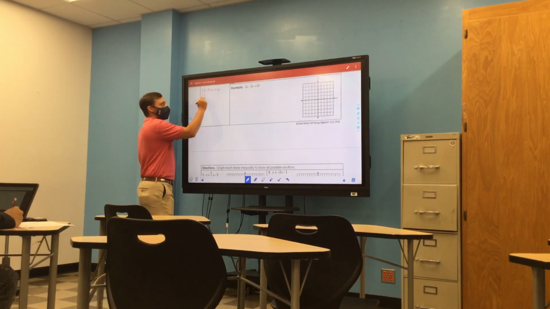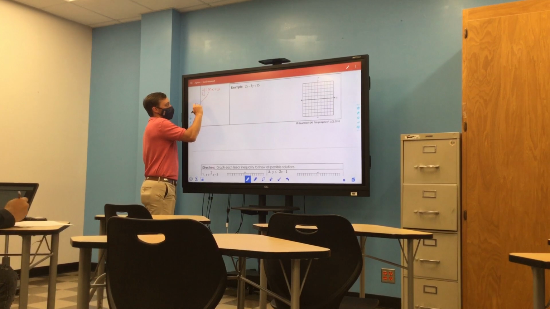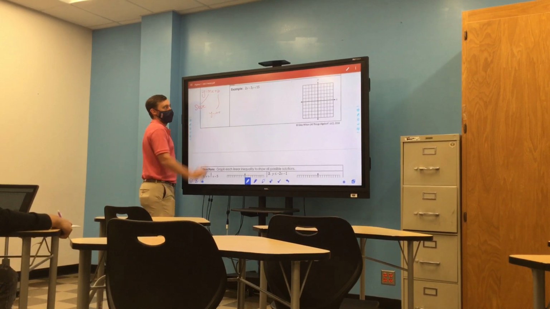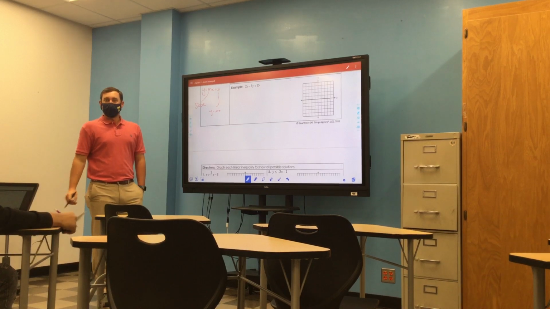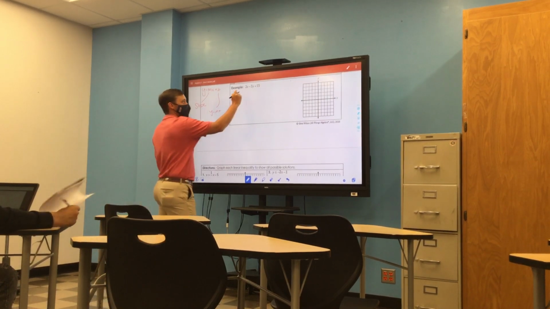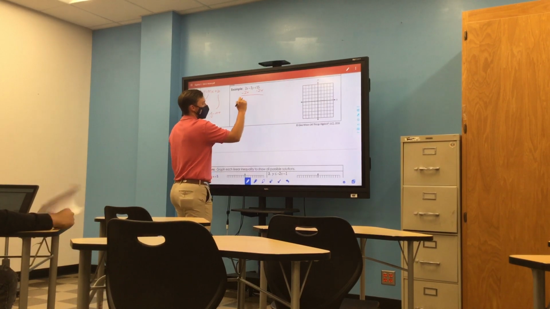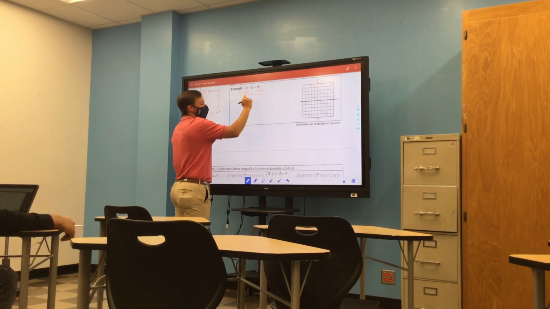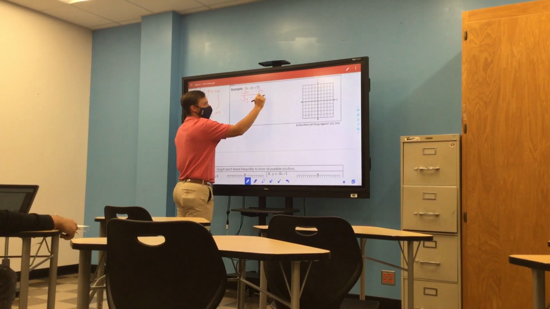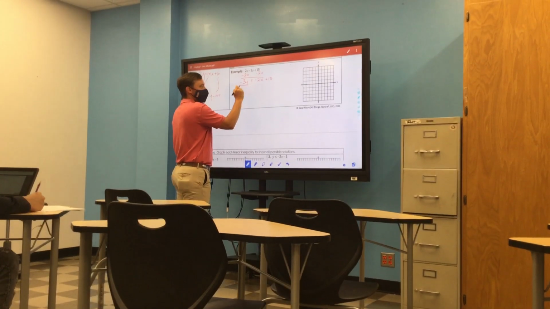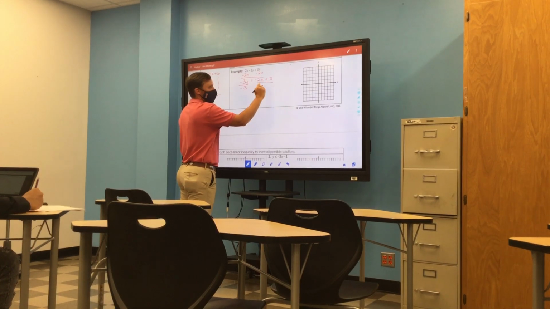Where m is your slope and b is your y-intercept. So if I've got to get this in slope-intercept form, I've got to subtract my 2x to the other side. I've got negative 3y is less than negative 2x plus 15. My last step would be to divide by negative 3.